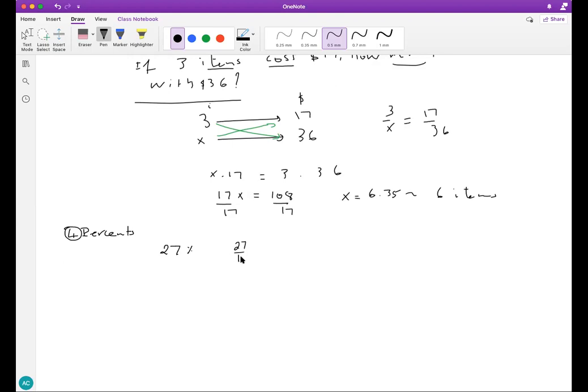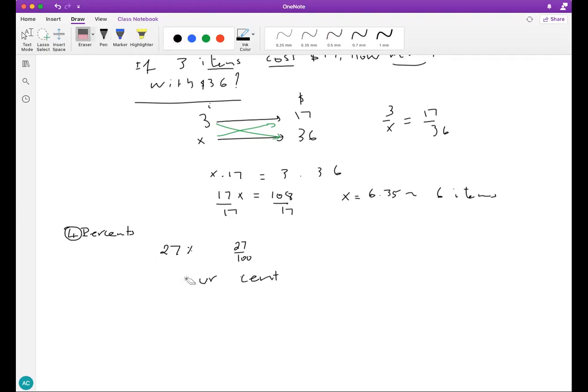So percent literally means per 100. In French, I think it's spelled like this, pourcent, just means per 100.